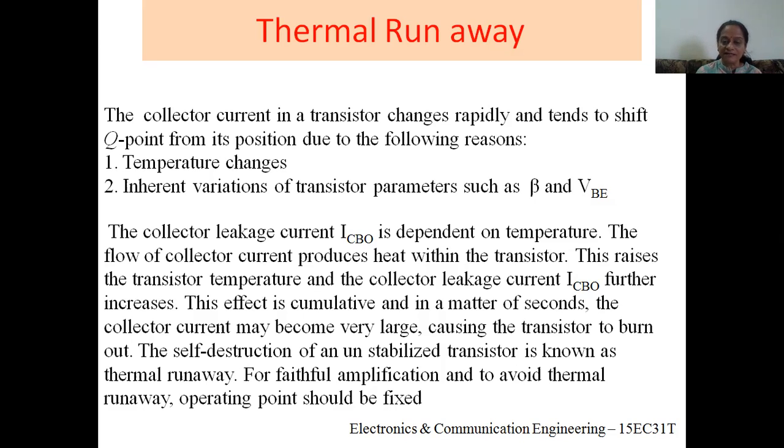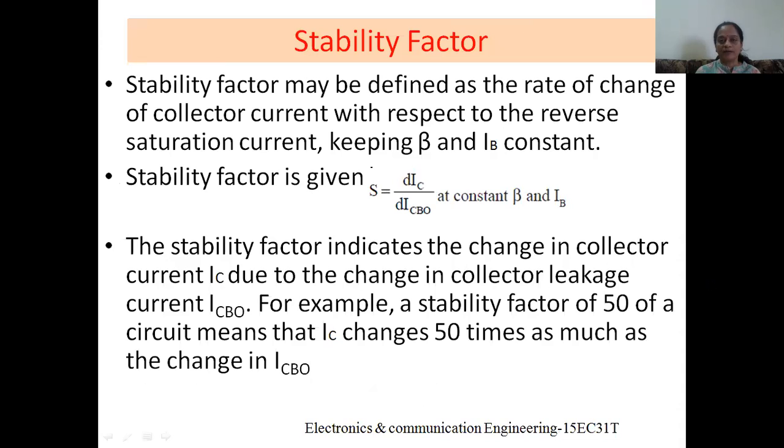So this self-destruction of an unstabilized transistor is known as thermal runaway. To avoid that, we have to do proper biasing. And when we do the biasing, the operating point will be fixed. So how to do the biasing? What are the different methods of biasing? We will go with the next unit topic.